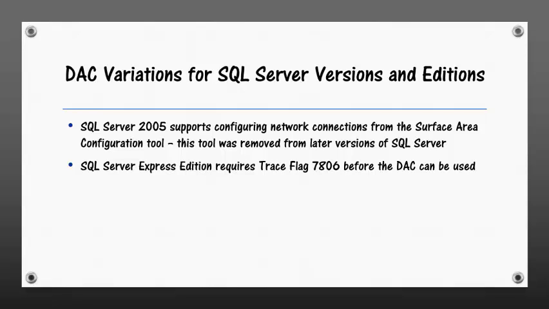However, all versions from 2005 through to 2014 do support managing network connections for the DAC by using the sp_configure stored procedure. The other variation is with SQL Server Express Edition. So if you are supporting Express Editions, you will need to enable trace flag 7806 before you can use the DAC.